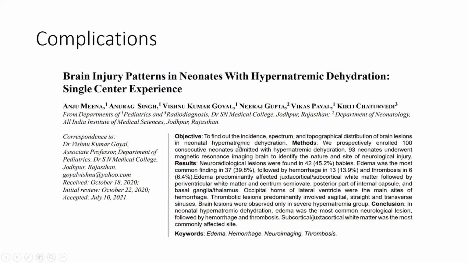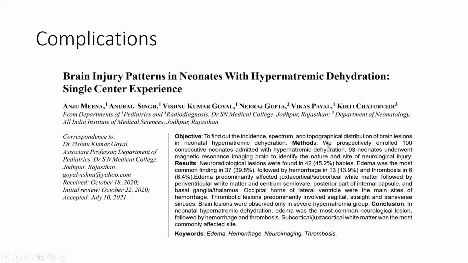This is one of the articles I kept, because there are so many articles on hypernatremia. Here, the complication can be brain edema, hemorrhage, especially venous thrombosis. That's the most common. And sometimes we get shrinkage of the brain.